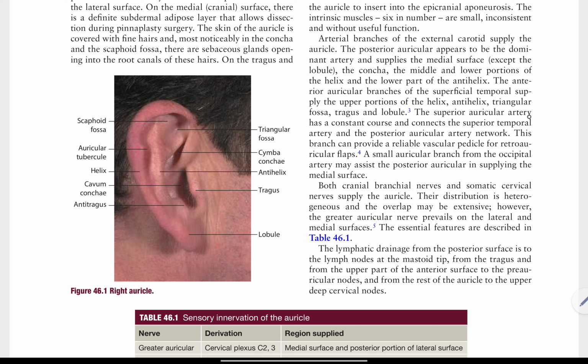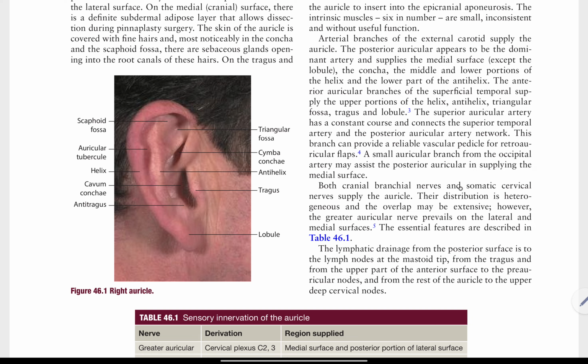The superior auricular artery has a constant course and connects the superficial temporal artery and the posterior auricular artery network. This branch can provide a reliable vascular pedicle for the retroauricular flaps. A small auricular branch from the occipital artery may assist the posterior auricular in supplying the medial surface.